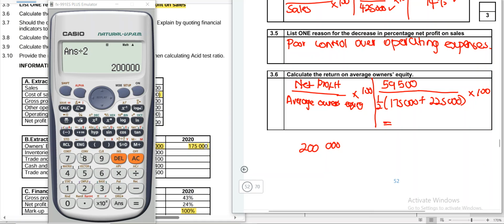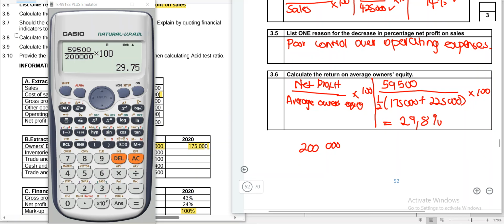So when you calculate this, you will say 59,500 divided by 200,000, and then you multiply this by 100. Your return on owner's equity will be 29.8%.